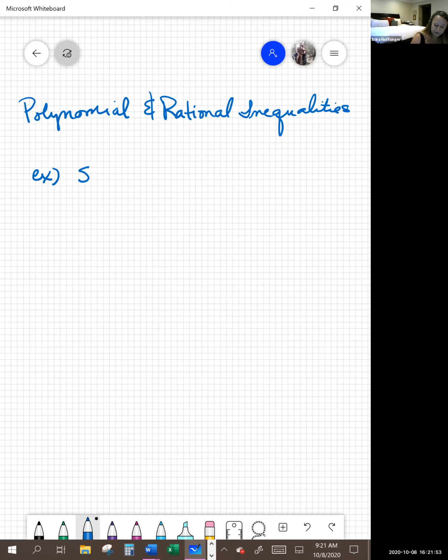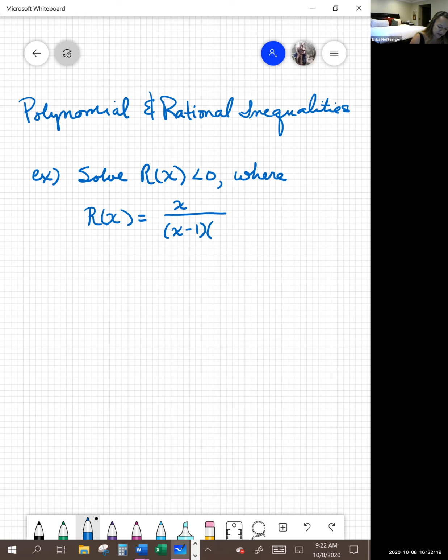We want to solve r of x less than 0, where r of x is equal to the rational function x all over parentheses x minus 1 times parentheses x plus 2. So it's saying, when is r of x less than 0?